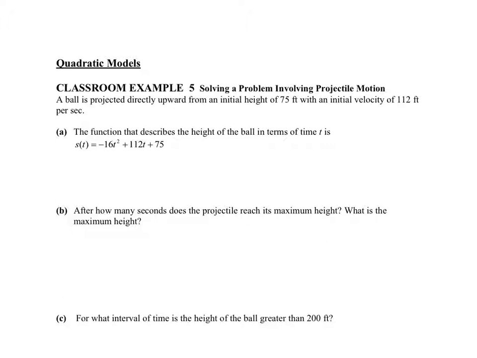Now, what I won't ask you to do is to write the equation from the information, but I do want you to recognize how the information that's given to you is represented in the equation. So when you look at this and it tells you that a ball is projected directly upward from an initial height of 75 feet, the initial velocity is 112 feet per second, look at this equation that represents it that's written for you in A. S of t equals negative 16t squared plus 112t plus 75.